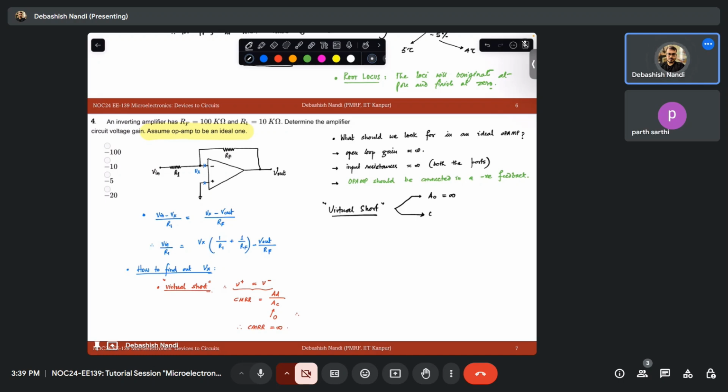Another one is that the op-amp should be connected in negative feedback. So without these two conditions, if any one of them is not valid, you cannot make the virtual short approximation.